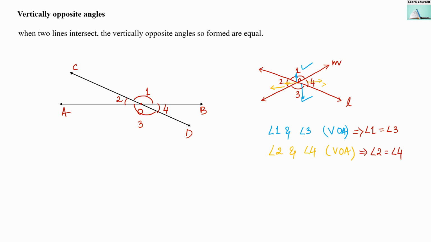That means if angle 1 has a measure of 60 degrees, then angle 3 also will be 60 degrees. If angle 2 is 50 degrees, then angle 4 is also 50 degrees, like that. So vertically opposite angles are equal in measure.